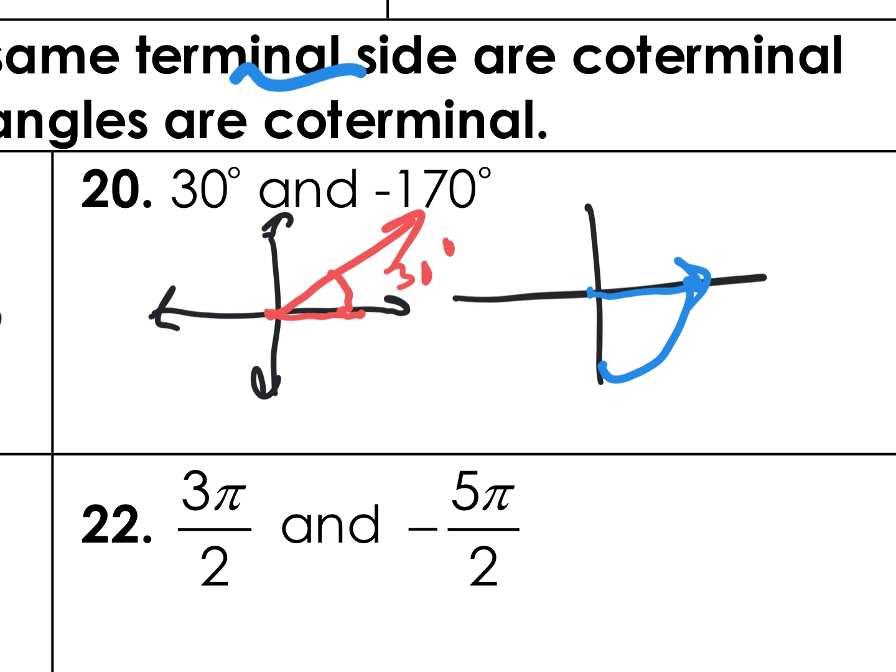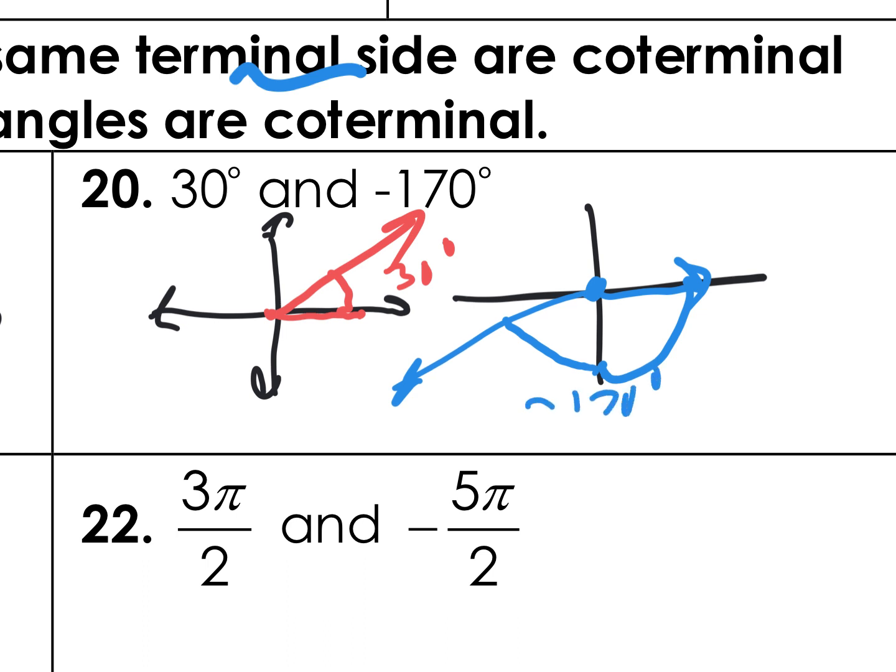Another negative 90 makes it a negative 180. Whoops, that's too many. I only want a negative 170. So let me back up. I'm only going to go up to here. And I go to the origin and I draw the leg out. There it is. That would be a negative 170 degrees.